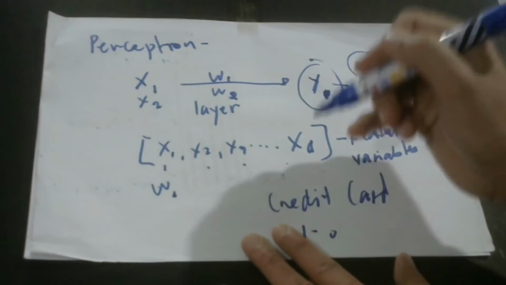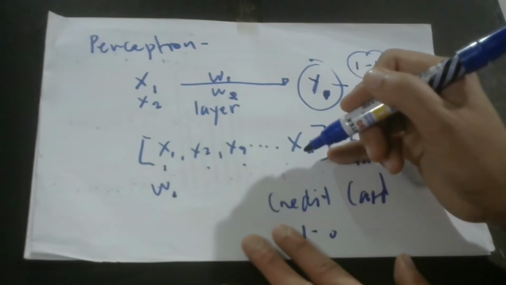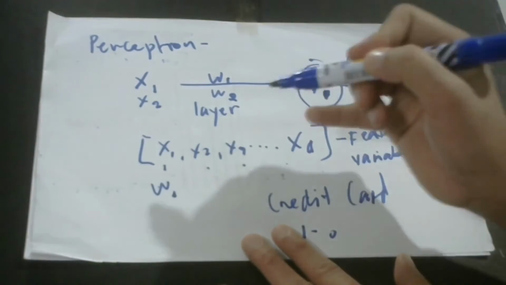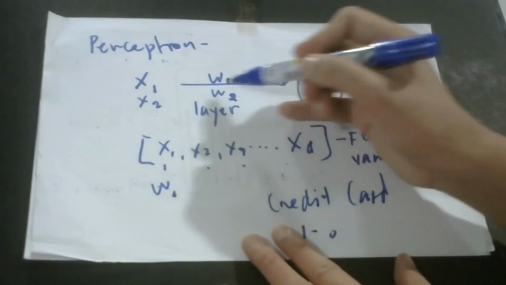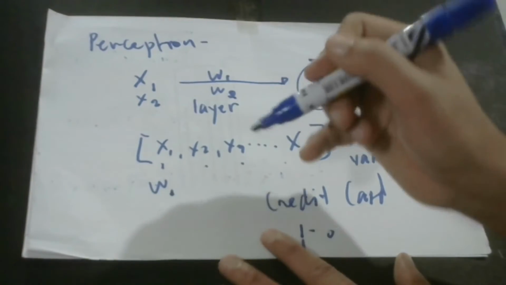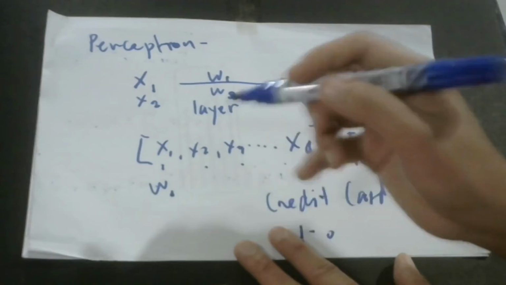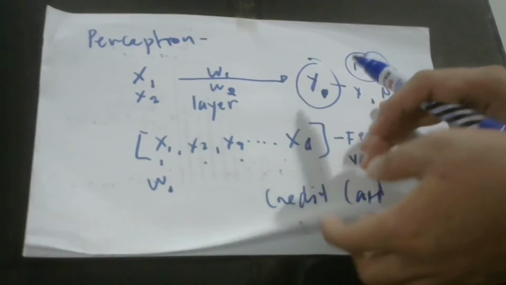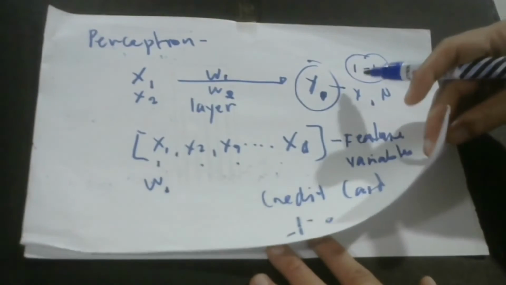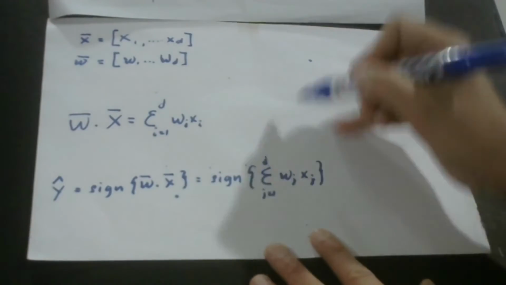So in the perceptron, the magic actually does not work here. What I mean by this is that there is no computation involved in x1, x2, w1, w2. So where does the magic lie? And the next question would be, where does the bias lie? Now let's proceed to this one, and we would be able to understand more of this bias and the computation when we discuss these things.